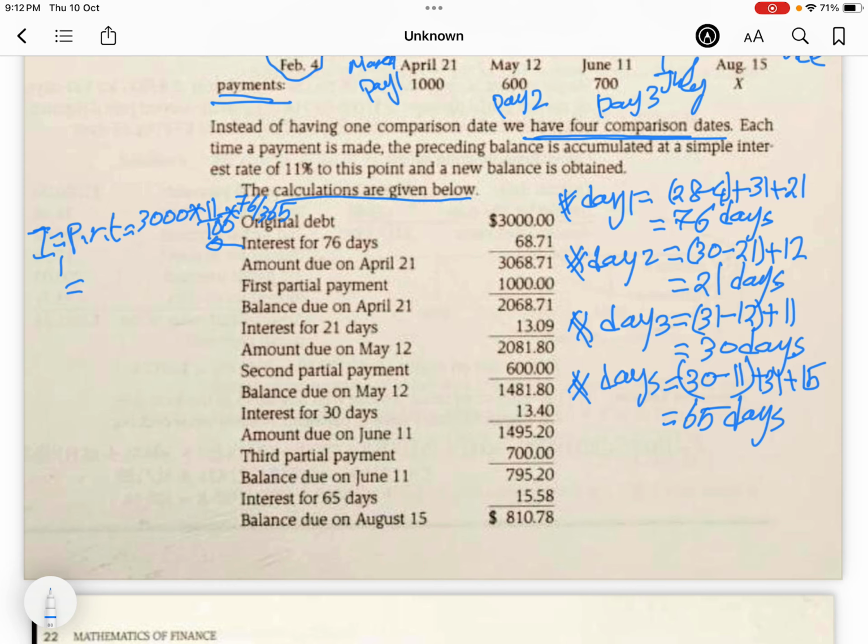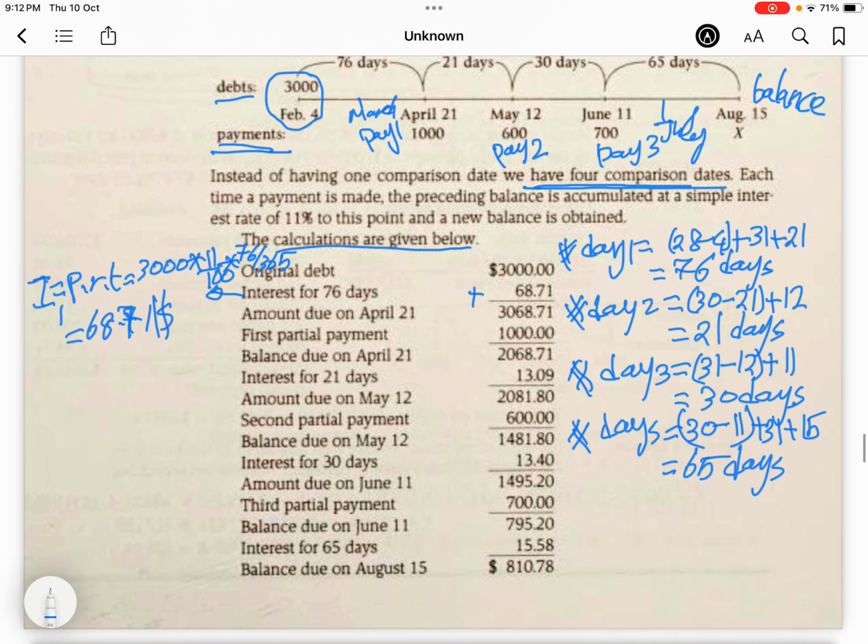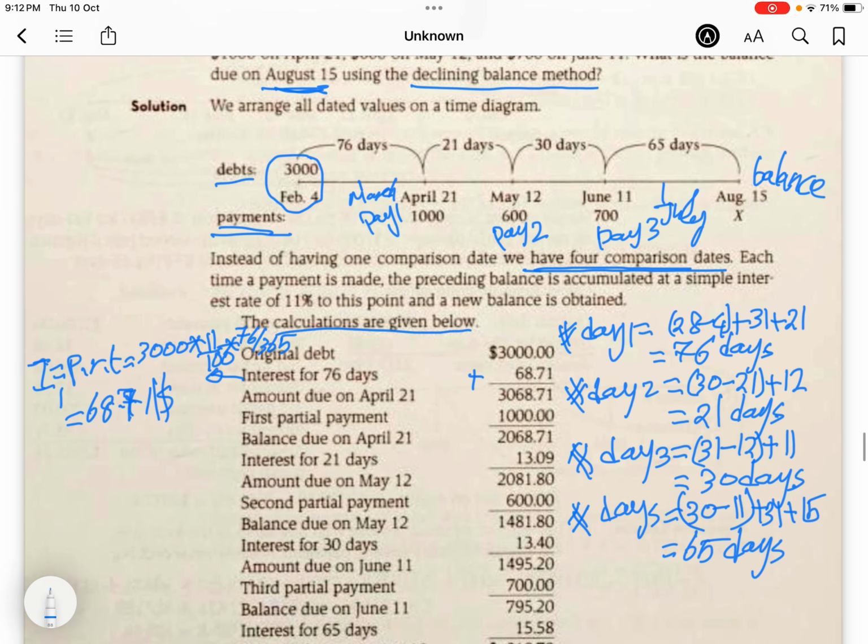You will have 68.71. We will add it to 3,000 and then subtract the first payment of 1,000.